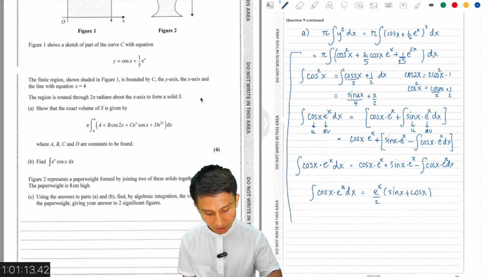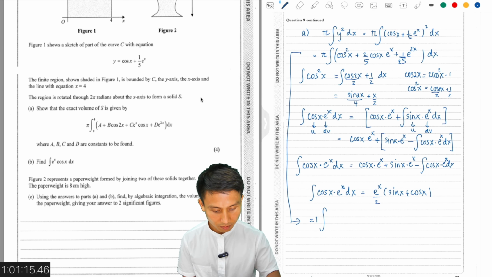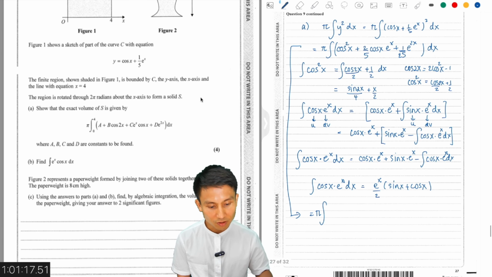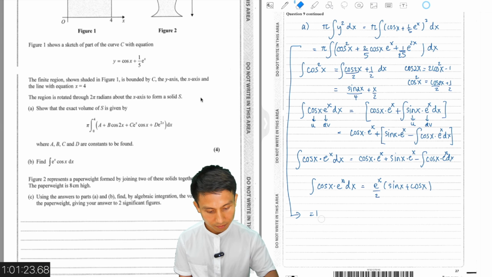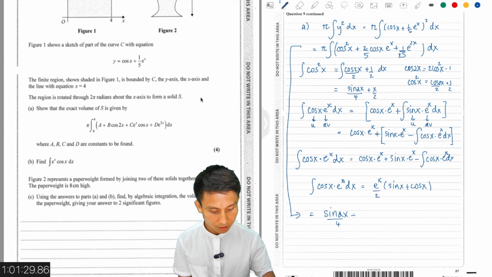So this will then be equal to pi times integral of cos squared x. I remember that I have that. So sine 2x over 4 plus x over 2 for the first set.